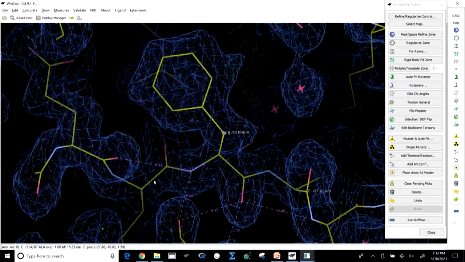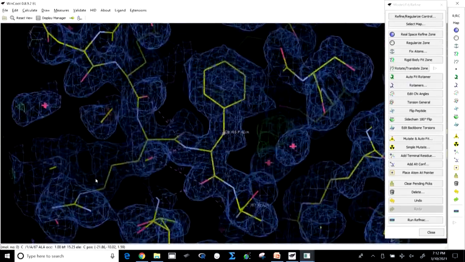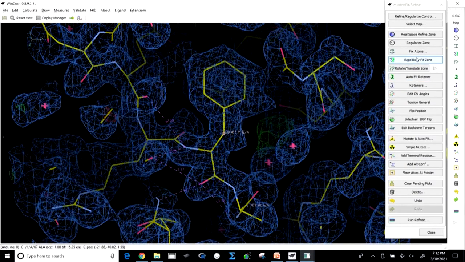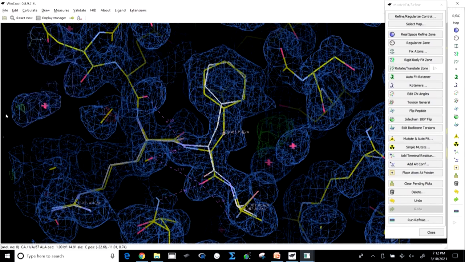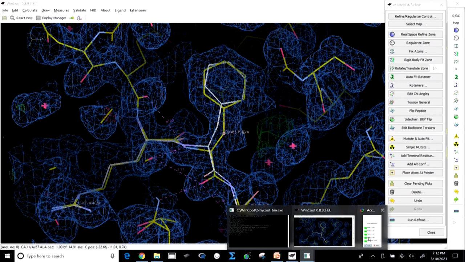You see that they are all covalently linked, right. So, to do regularize zone you click here and then you click here, and you see the alteration. The structure itself tries to regularize, and to do that it makes small changes, which are observed here.